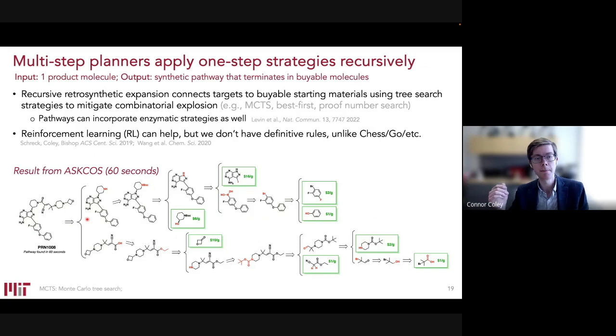If we could clearly define the rules of chemistry and say exactly which single steps are possible and which aren't possible, then we could fully solve this problem of retrosynthetic analysis. But it's because we have an imperfect set of rules and an imperfect tree search that we have to cope with what we have at the moment.